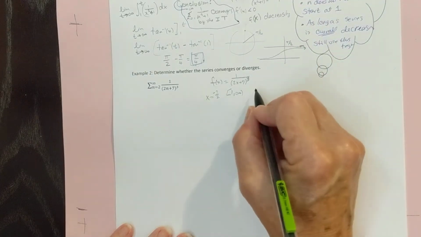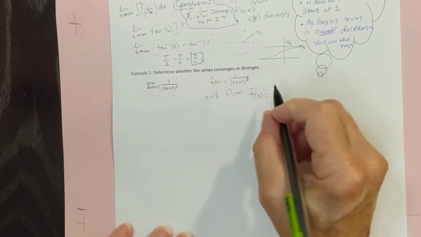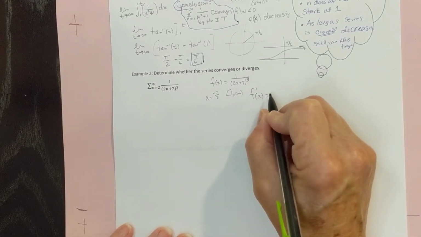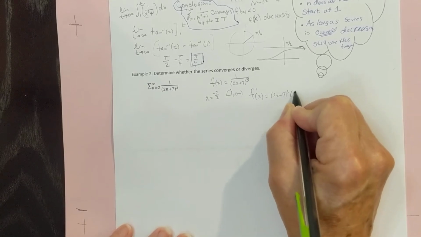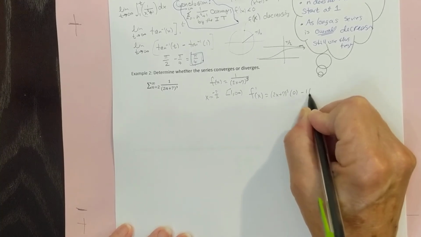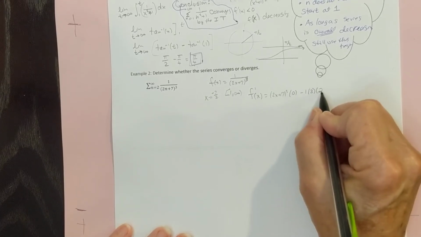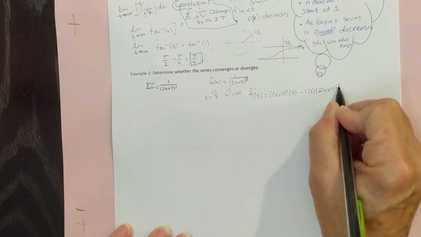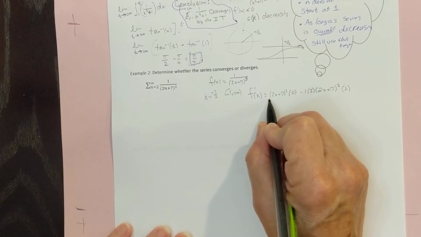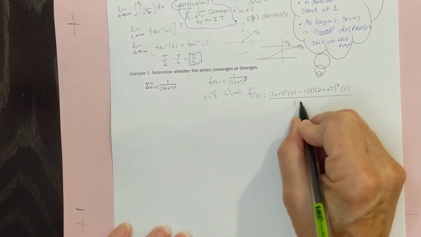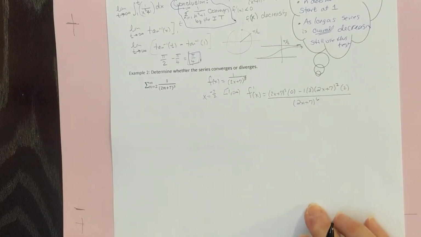Is it decreasing? Well, let's take a derivative here. This is the quotient rule: low, (2x plus 7) cubed, d high, which is the derivative of 1, is 0, minus high, 1, times the derivative of low, which is 3 times (2x plus 7) squared, chain rule, times another 2, over low squared, (2x plus 7) to the 6.